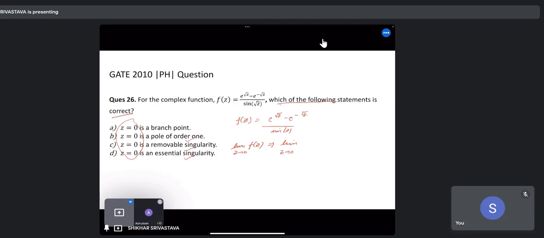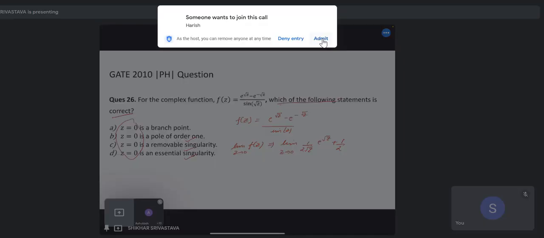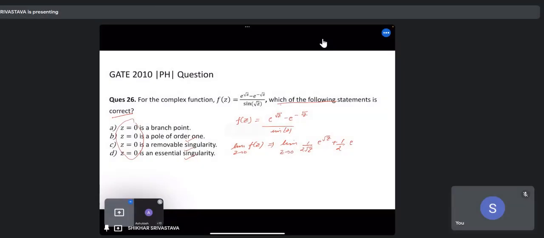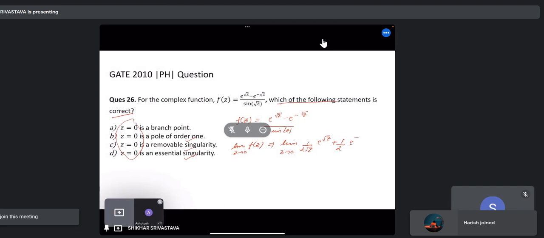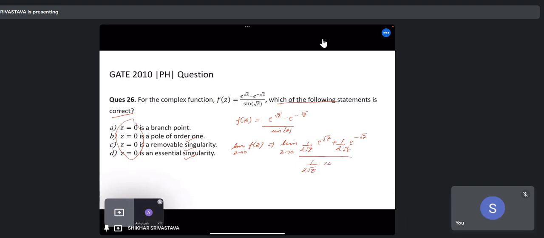Because it's a 0 by 0 form, you just differentiate. It is 1 by root 2 z exponential root z plus 1 by root 2 z exponential minus root z; I'm differentiating both numerator and denominator, upon 1 upon 2 root z cos of root z. Now put z equal to 0.